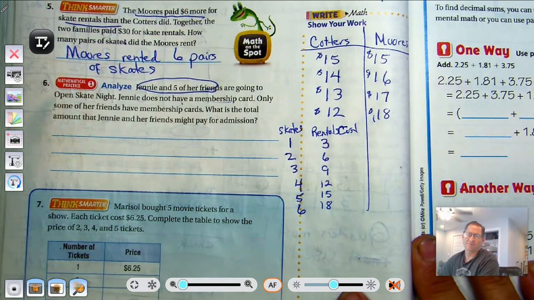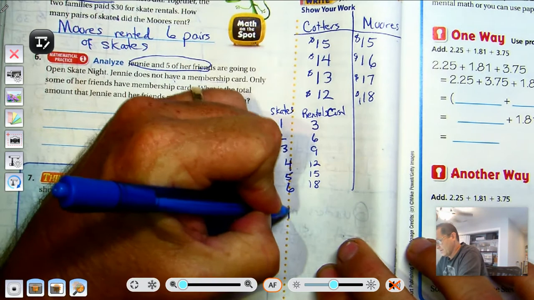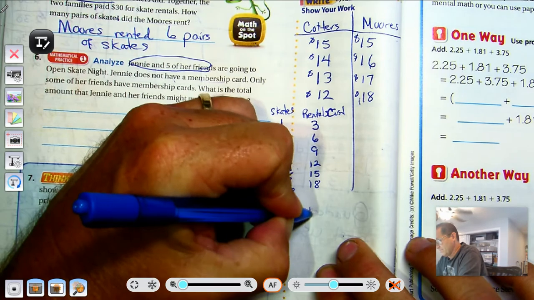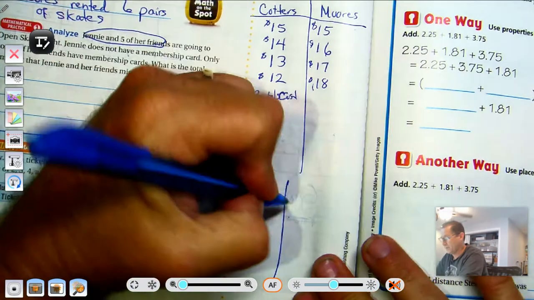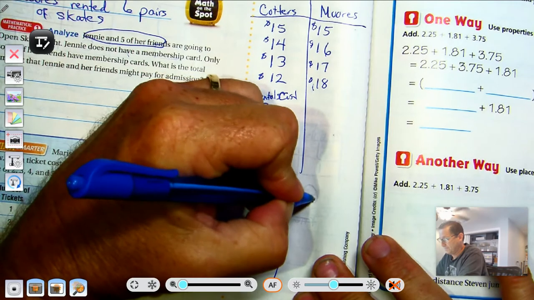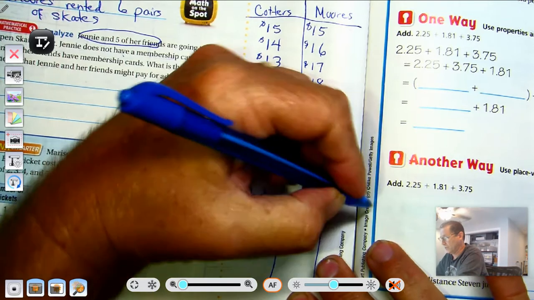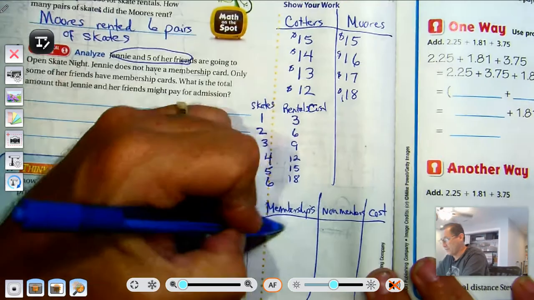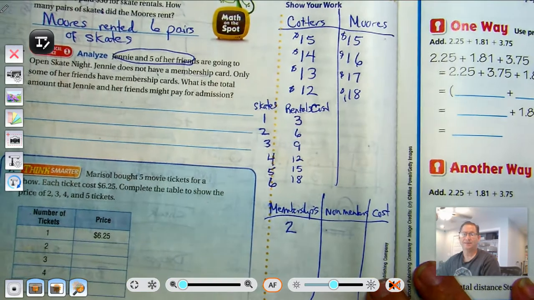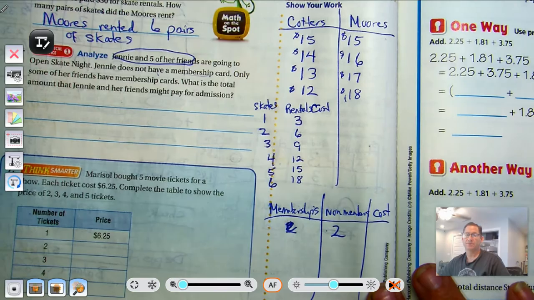So if we consider some, I guess we could do memberships, non members, and total cost. Well, we know Jenny doesn't have one, and we know at least one of the friends doesn't have a membership.